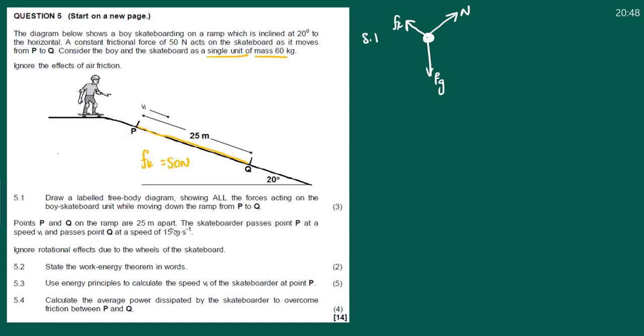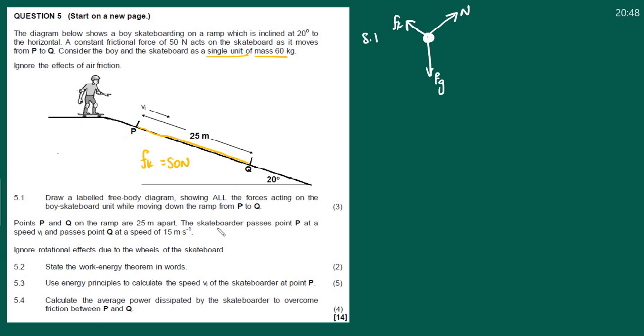Then points P and Q on the ramp are 25 meters apart. The skateboarder passes point P at the speed Vi and passes Q at the speed 25. Ignore rotational effects. If you had to include rotational effects, it means you're talking about physics in first year. So state the work energy theorem in words.